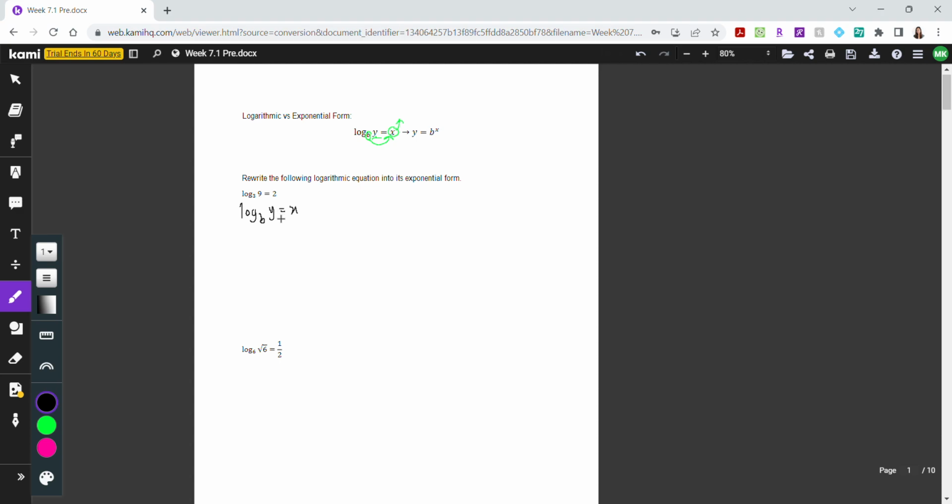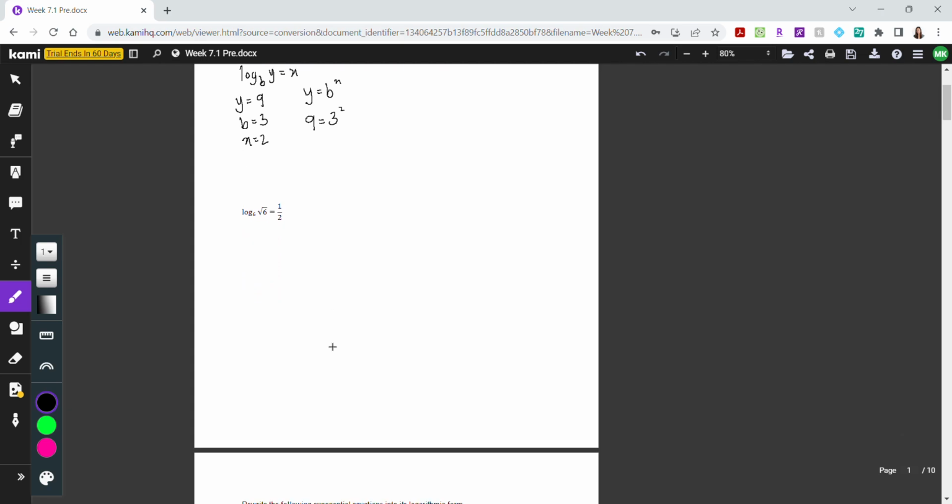So let's list out: my y is 9, my b is 3, and my x is 2. When I want to write it as an exponential, I'm going to write it as y equals b to the power of x. So if I plug that all in, I have 9 equals 3 to the power of 2. See how b gets bumped up, the x becomes the exponent, and y stays the same as it is.